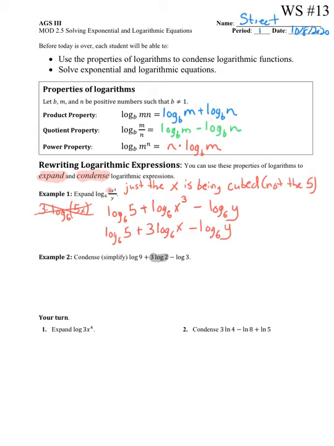And whenever I'm condensing, I got to ask the same thing. Is the log of 9 being multiplied by 3 out in front of it? No, it's not. So what we want to do is raise log of 2 to the 3rd power first. So we can rewrite this first as log of 9 plus log of 2 to the 3rd power minus log of 3.